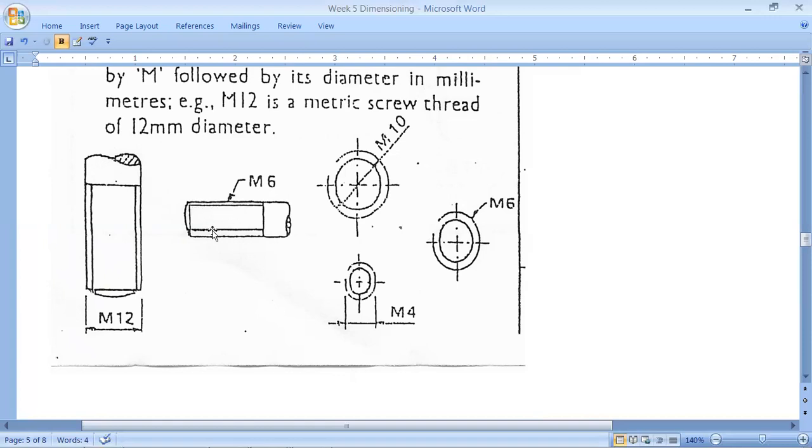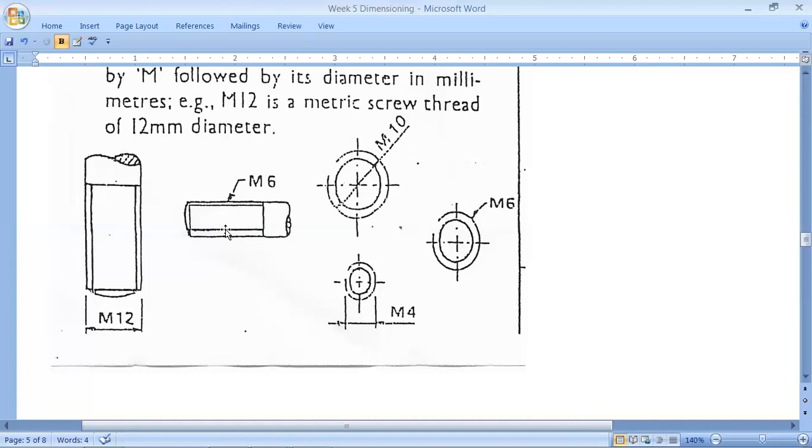Put this line inside, and it's going to be representing threading. Depending on the unit that the thread has been created in, if it's a metric system thread, we're going to put a letter M in front. The letter M means that the thread belongs to the metric system, that the thread is in millimeters.